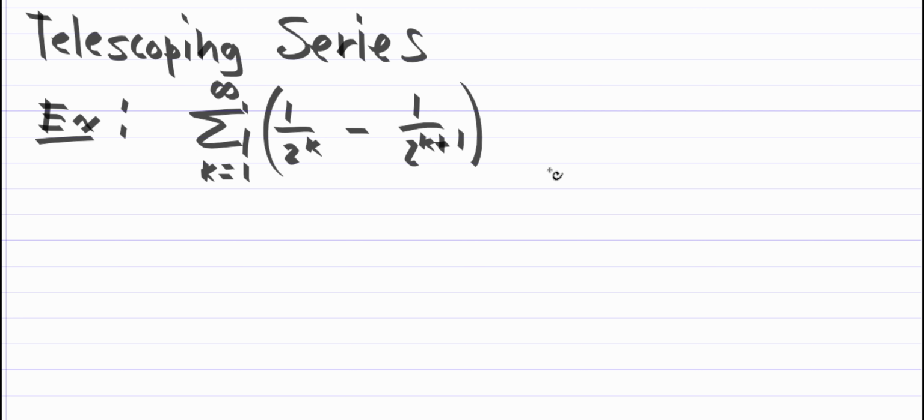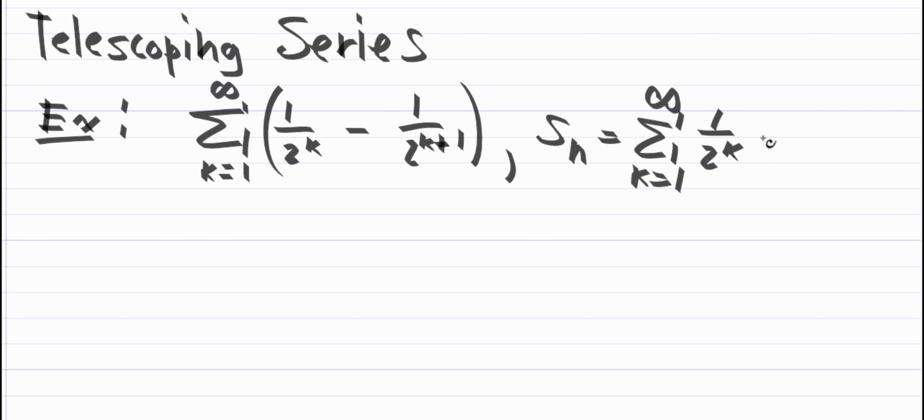And so what happens for a partial sum? So that is Sn will be equal to sum k equals 1 to infinity 1 over 2 to the k minus 1 over 2 to the k plus 1. But of course we're going to have this upper index is not infinity, it's n.